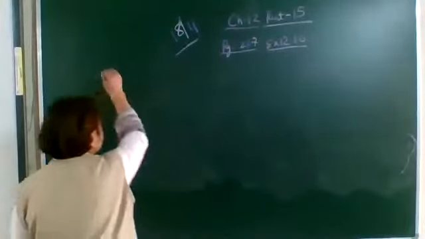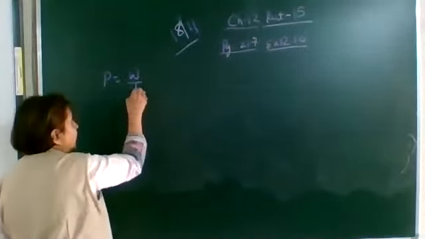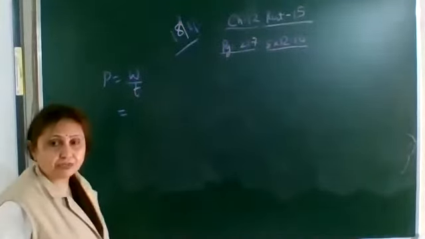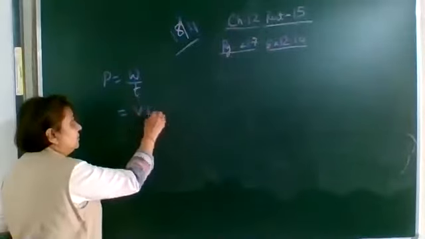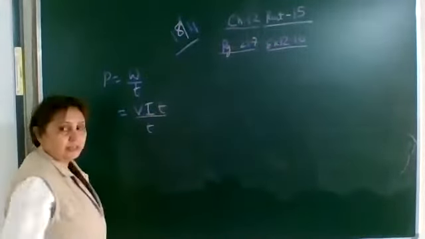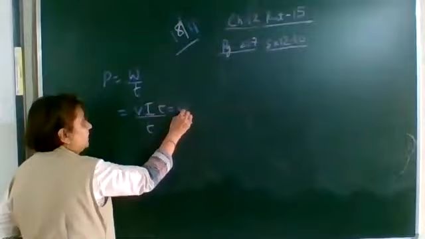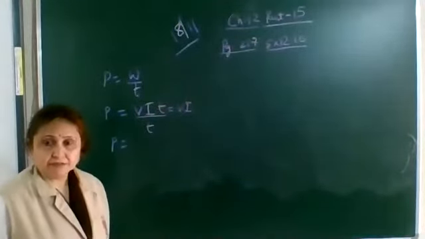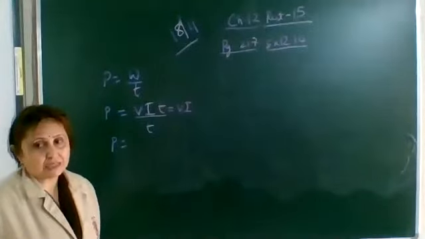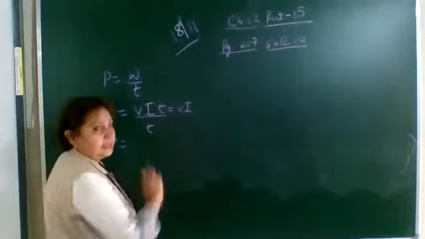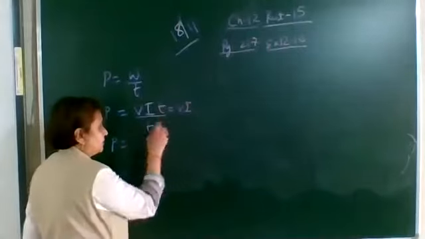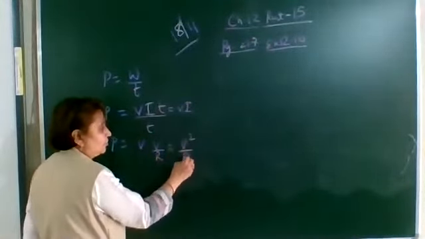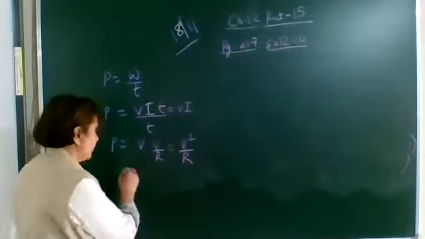Yesterday we found the expression of electrical work done, which is equal to V into I into T. So the electric power is given by V into I. If I is not given, and instead the resistance of the conductor is given, you have to eliminate I. So I is equal to V upon R according to Ohm's law, and the power will be equal to V square upon R.